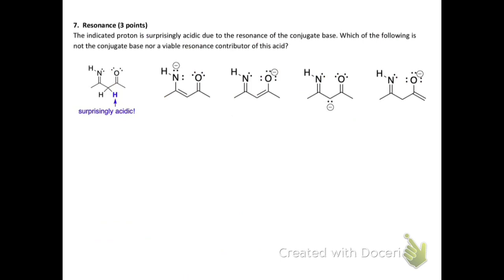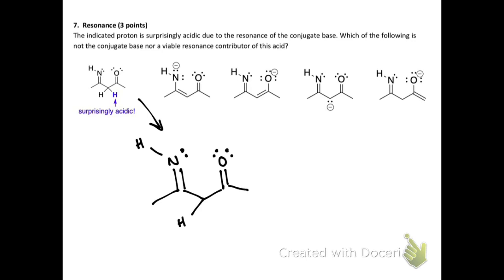All right, in this problem, we're trying to figure out which of these is not an appropriate conjugate base or resonance contributor of the aforementioned conjugate base. So what we'll do to start this is imagine what the conjugate base looks like. It looks very similar. In fact, the whole molecule is the same, except for one key difference.